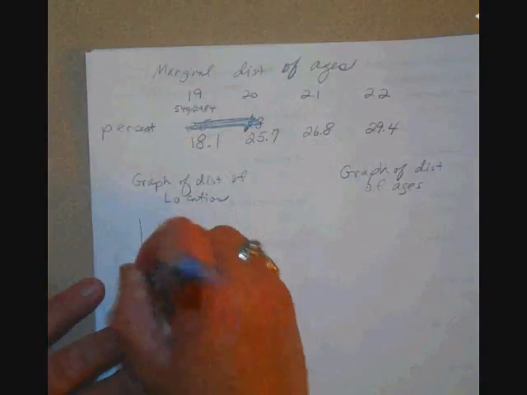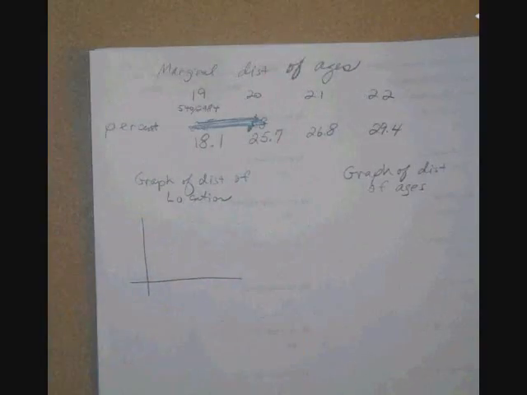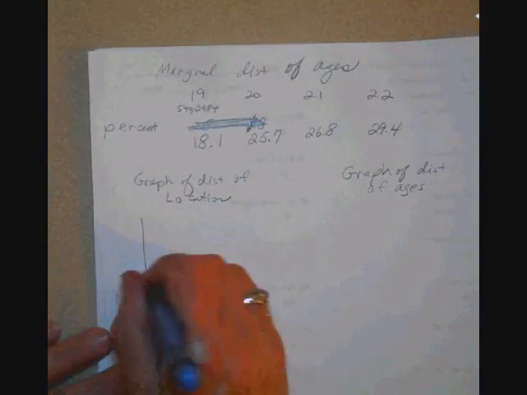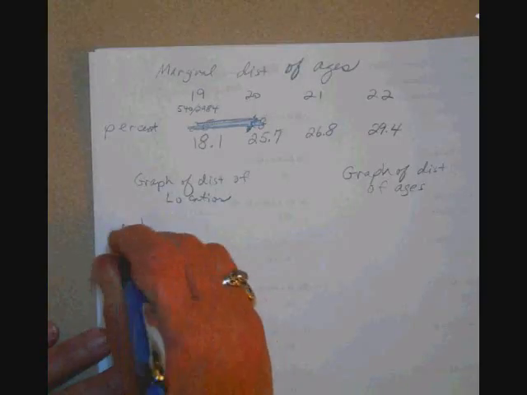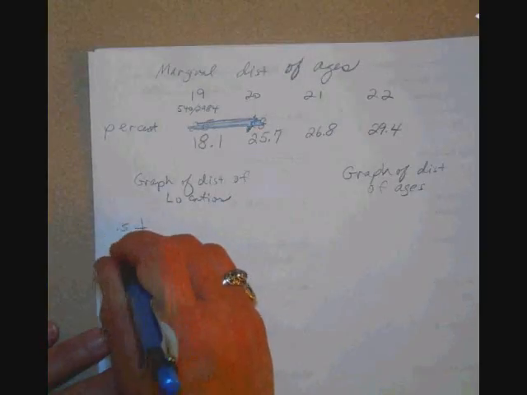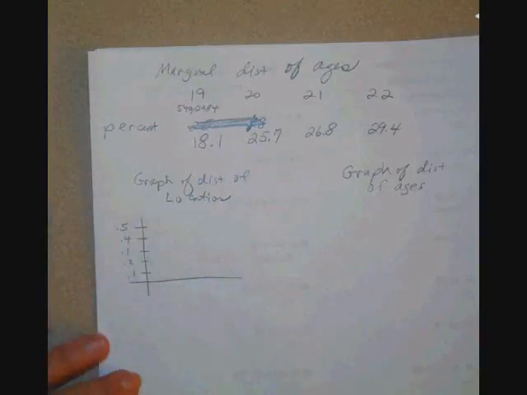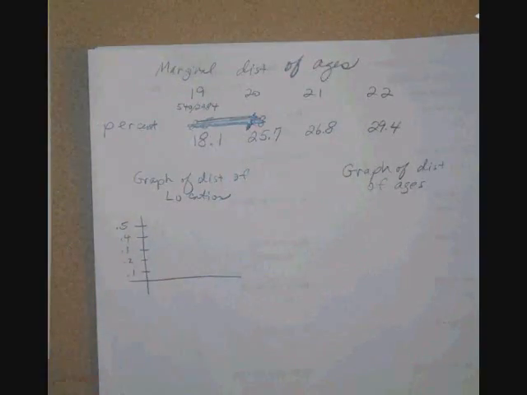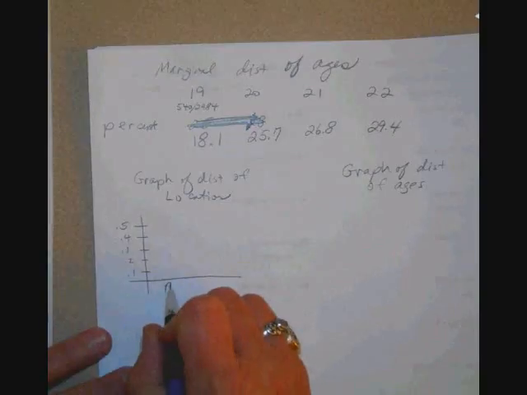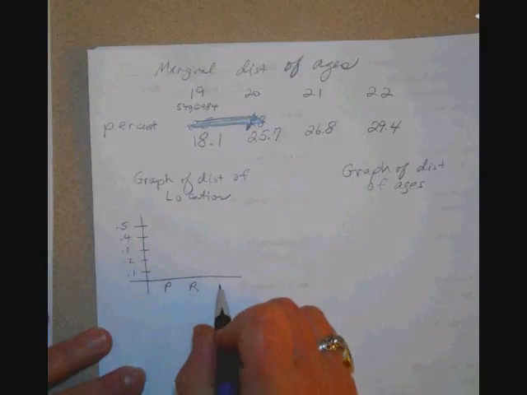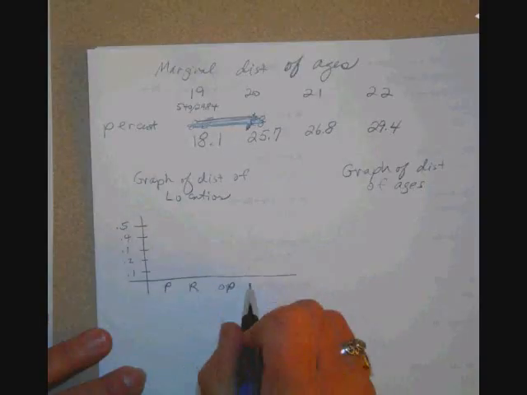And for the locations, the highest number was 45, so I'll go 10, 20, 30, 40, 50. And my categories are going to be with parents, with a roommate, having your own place, in a dorm, or other.